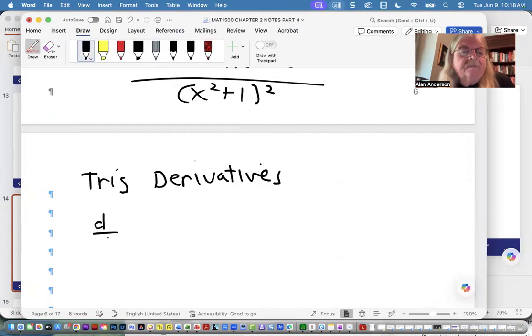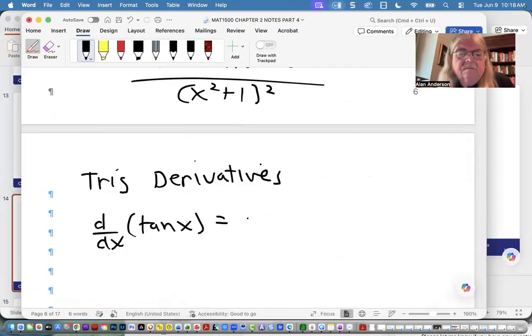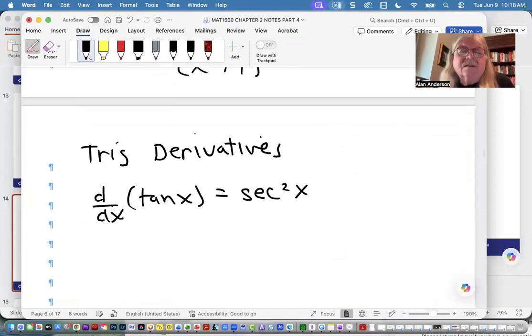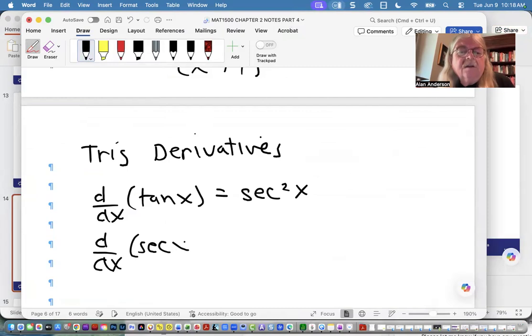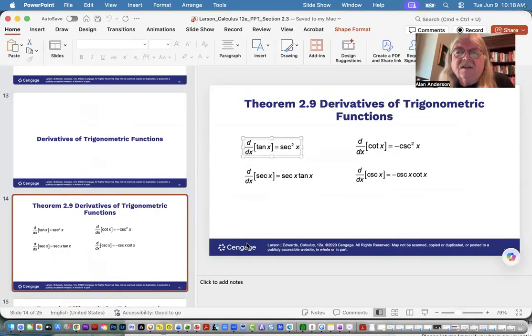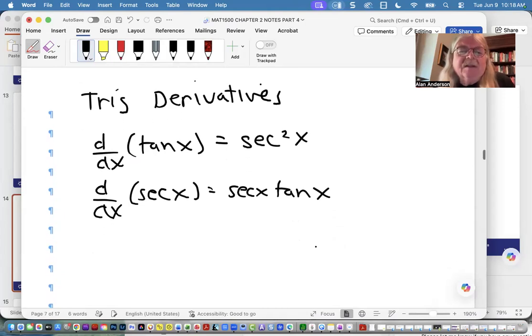So, secant squared x, and nobody expects you to memorize these. There's certain ones you should memorize, like the sine and the cosine. These, you can get away with looking them up in a table.